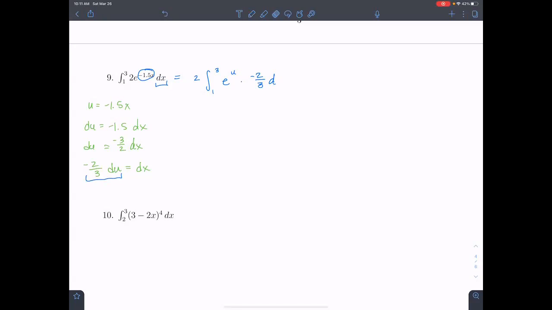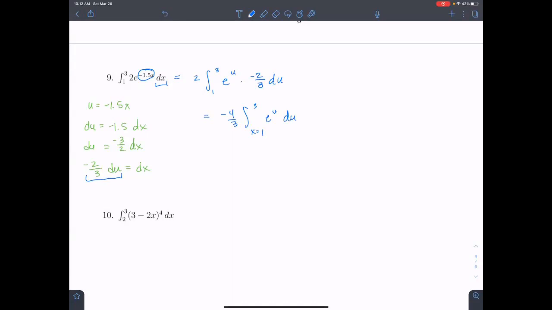I should have actually written a du. There we go. And then that negative 2/3 I'm going to pull out too. So I'm looking at negative 4/3 times the integral from x equals 1 to 3 of e to the u du.